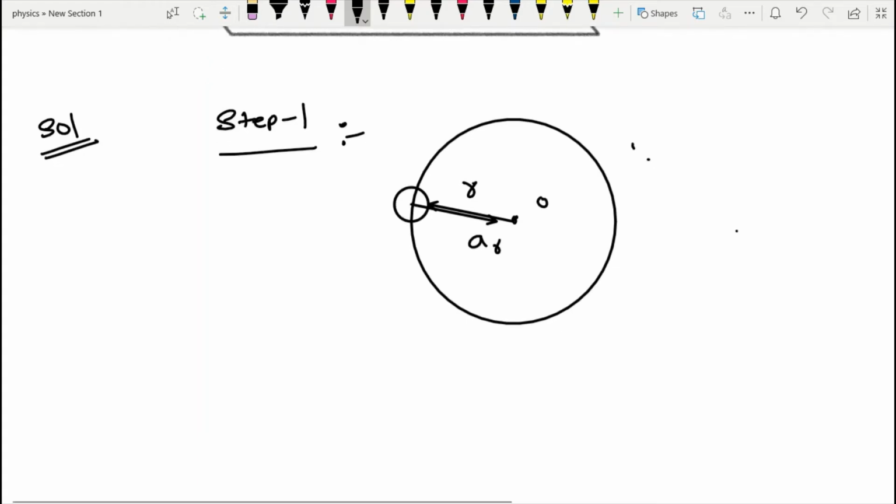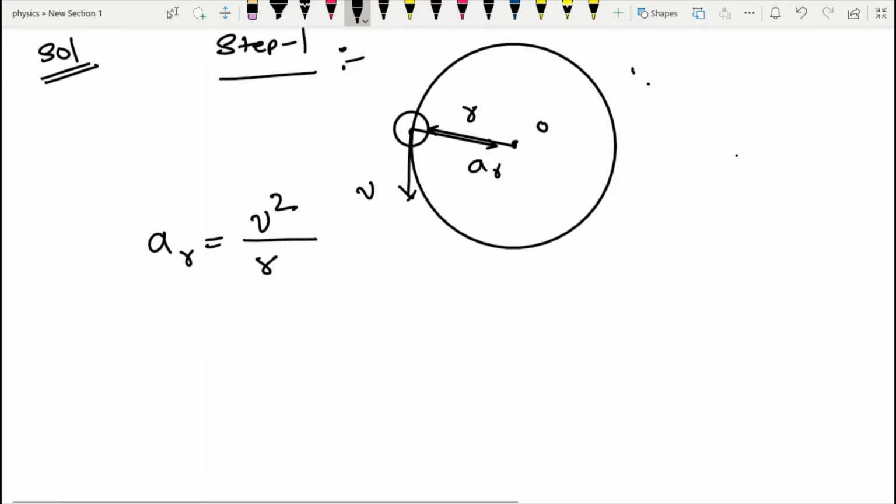Okay, so the ball is moving in this direction with velocity v. So you can directly write the formula for radial acceleration as v squared by r. We already know that. And next, this r value is already given, that is L sine theta.